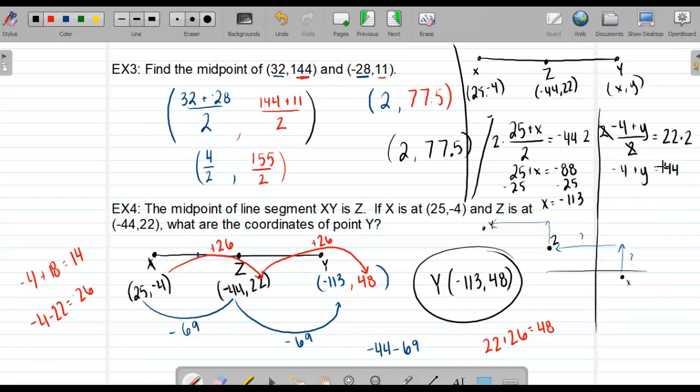And then what's the last thing we would do to solve that? So you got negative 4 plus y equals 44, so you'll add that 4. So y equals 48.